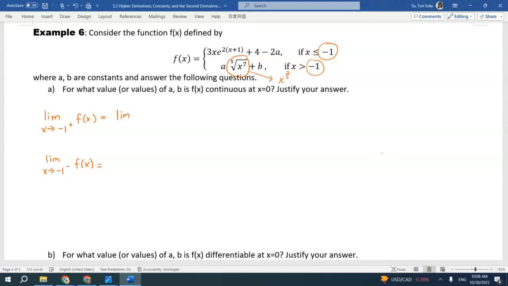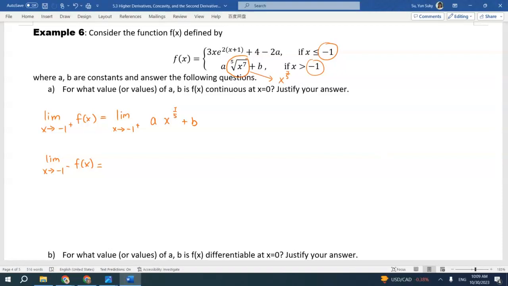Okay, so this is the limit as x goes to -1 from the right. And x goes to -1 from the right, it means x is greater than -1 or less than -1? Greater than. Then which formula do we use? The top one or the bottom one? The bottom one, yes. So we have a times x to the 7/5 plus b.